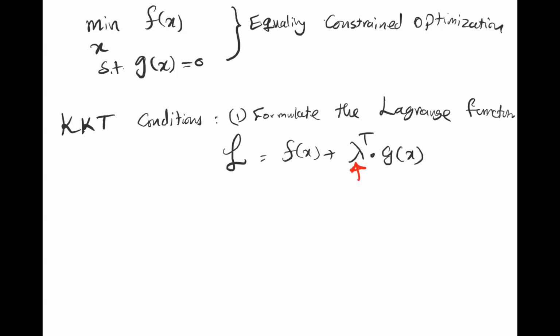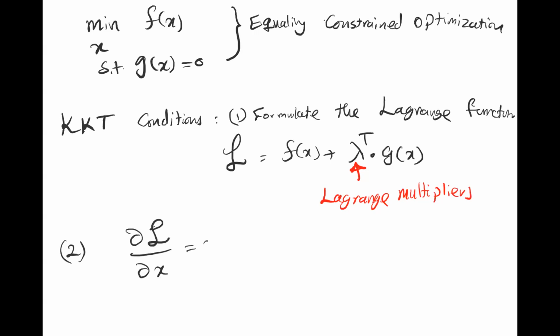We call these Lagrange multipliers. Then in the next step, in order to find the KKT conditions, we find the derivative of the Lagrange function with respect to x and put it equal to 0.